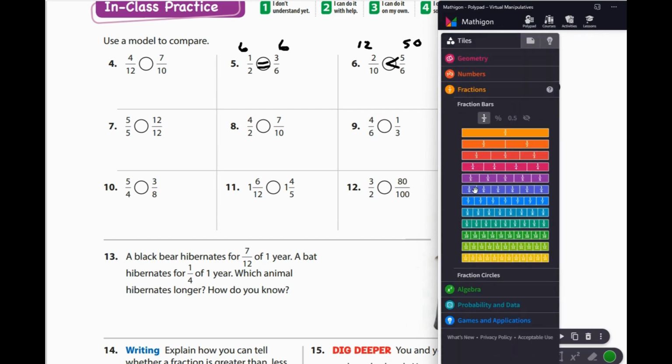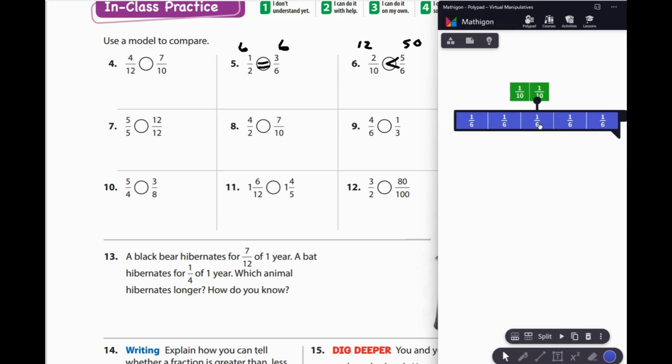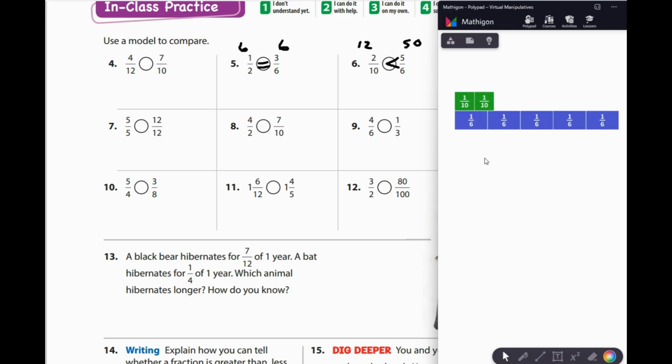Let's grab our sixths. Here's my sixth. I need 5 of them, so 1 less. Here's my 5/6, and here's my 2/10. Which fraction is greater? 5/6 is greater than 2/10. That's using our fraction tiles.